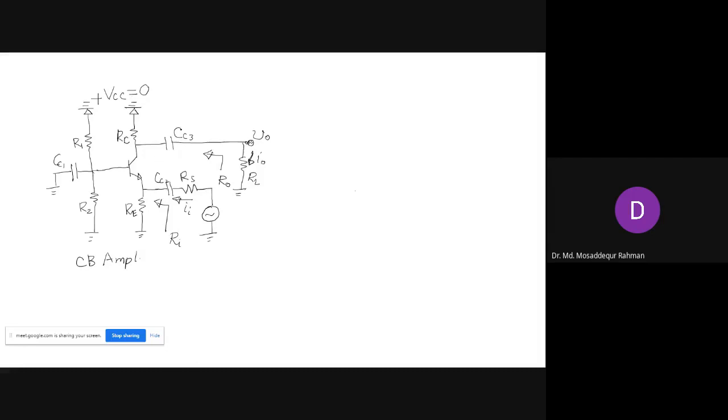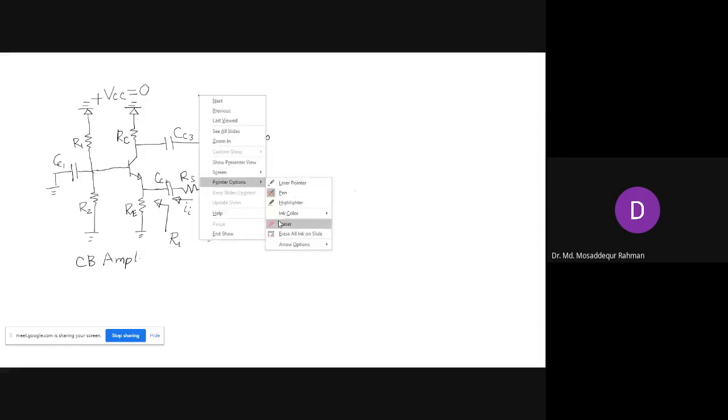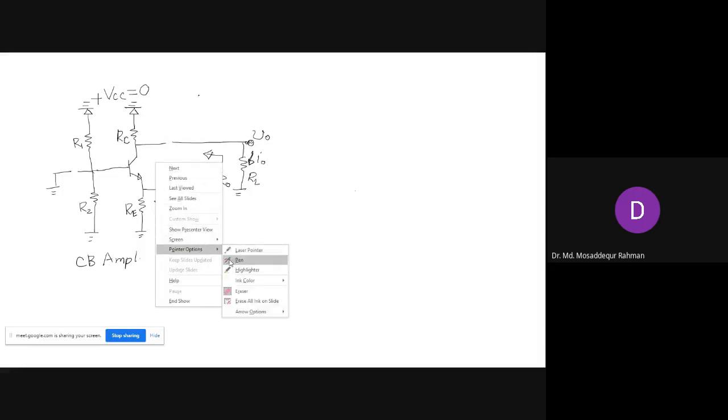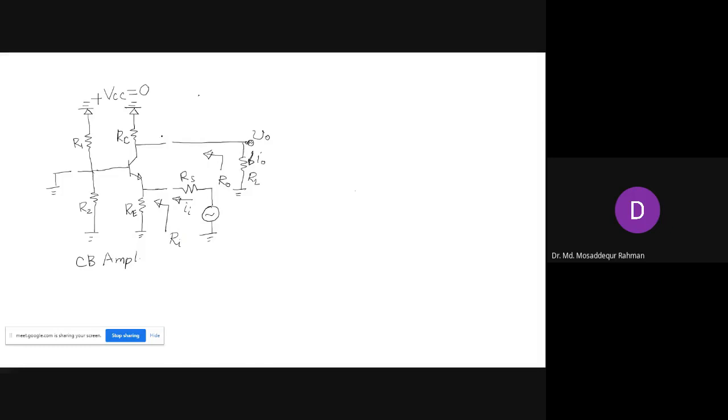Then we replace the capacitors by short circuit. So we replace the capacitors by short circuit.